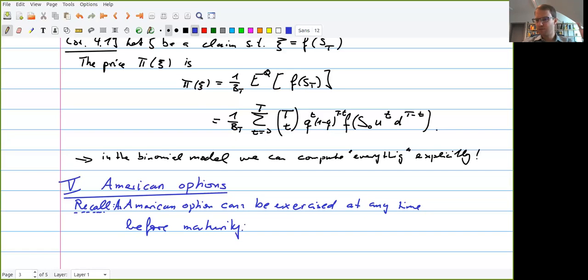So it's not a strict before, it's including maturity time T. And the maturity is for us always the terminal time of our model, so capital T.